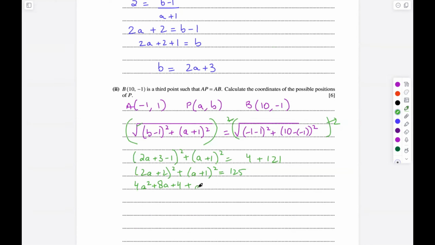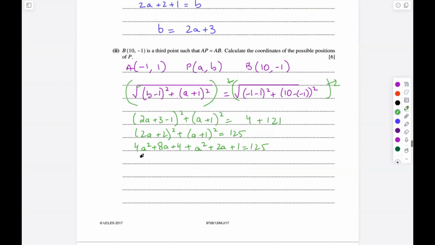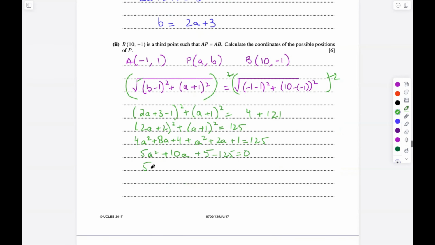Expanding a plus 1, that will become a squared plus 2a plus 1 is equal to 125. Simplifying this, we'll get 4a squared plus a squared, which is 5a squared, 8a plus 2a is equal to 10a, 4 plus 1 is 5. And bringing 125 to the left-hand side, we'll get minus 125 equal to 0. So simplifying this, we'll get 5a squared plus 10a minus 120 equal to 0.